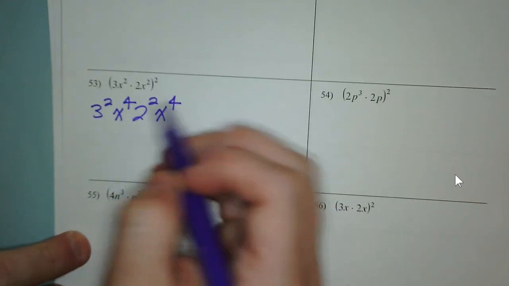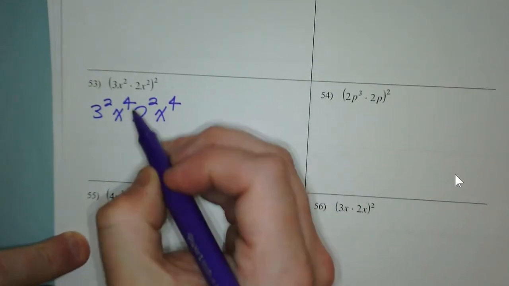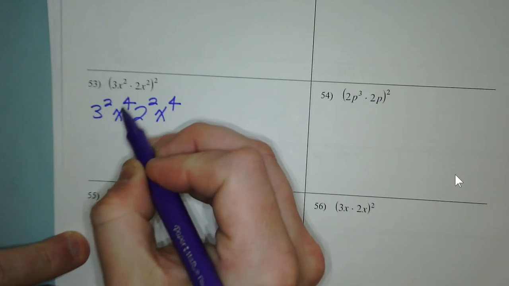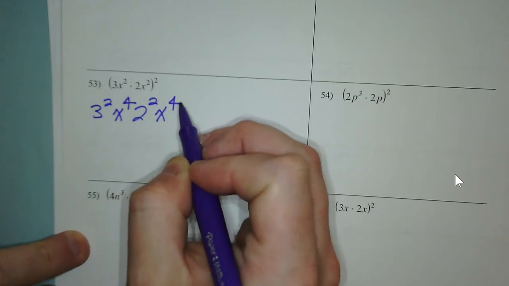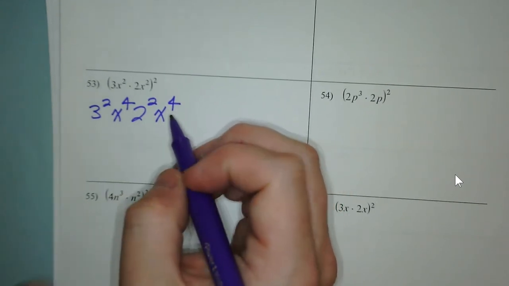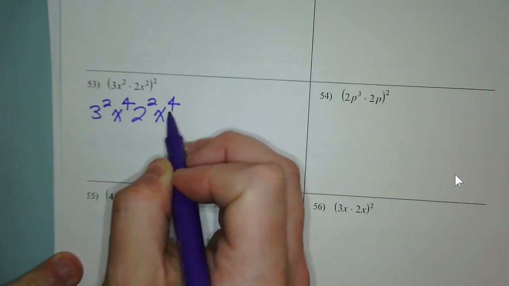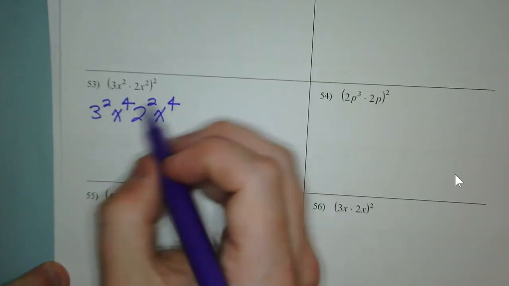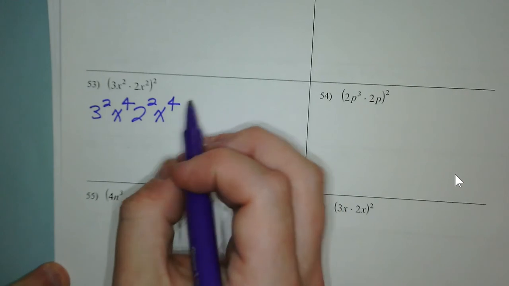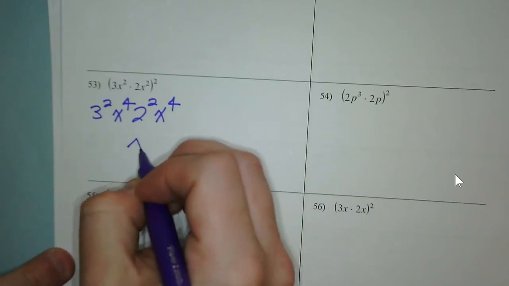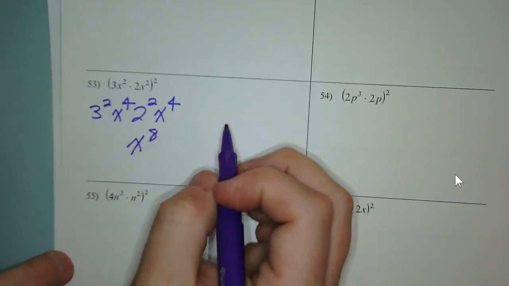Of course, there's stuff left over to do. Definitely the x to the 4th times x to the 4th, which, Jesselyn, how do you do x to the 4th times x to the 4th? What do we do with those powers? Add them. That's right. So that would become x to the 8th.